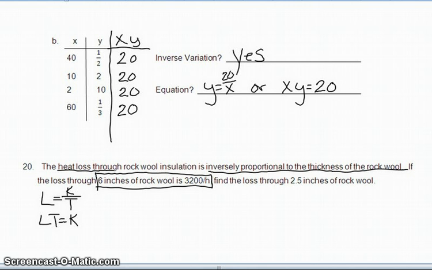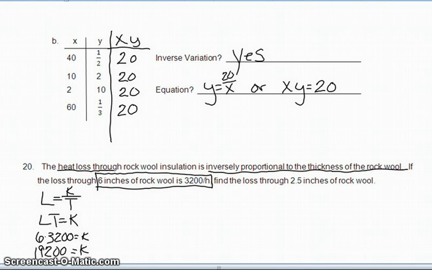So using this, I'm going to have 6 times 3,200 equals K. K equals 6 times 3,200, which is 19,200.